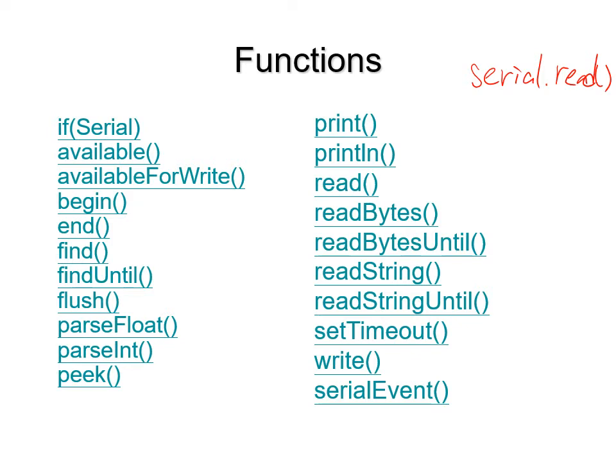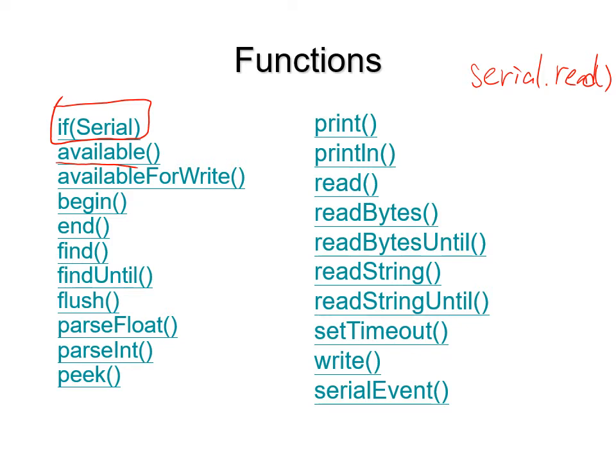It is using the OOP approach in order to make it easier for the programmer to write their program. Now here we describe the purpose of some of the functions to you. The first one is Serial, which checks whether the serial port is ready.